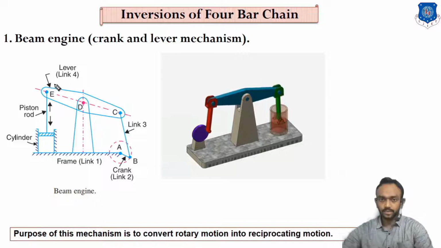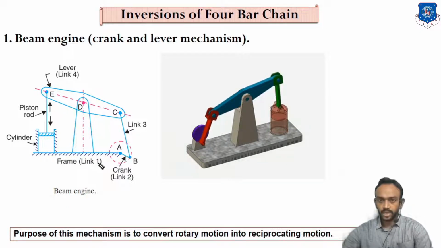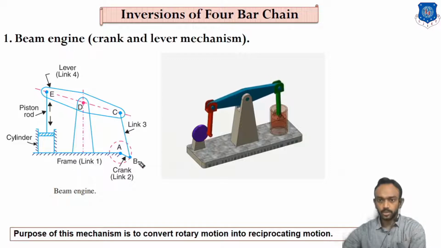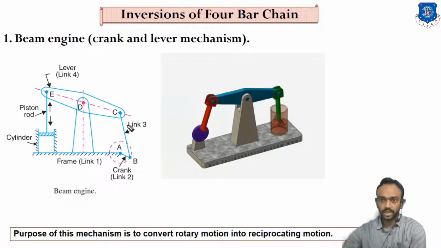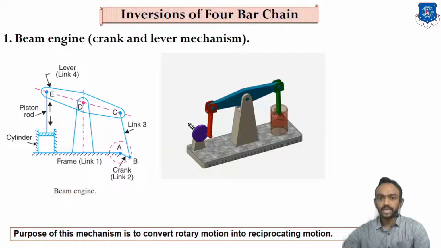In this mechanism, in our book, the portion after the lever is not considered a link. You can see the number is not given. As you can see, link number 1 is the frame, link number 2 is this crank which is rotating, then link number 3 and link number 4. Up to these 4 links are considered in this particular mechanism.